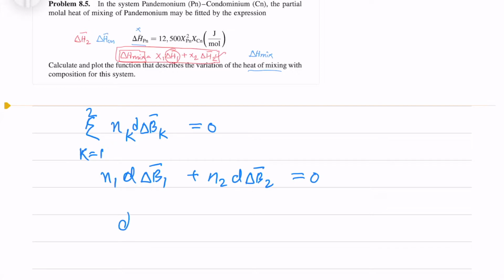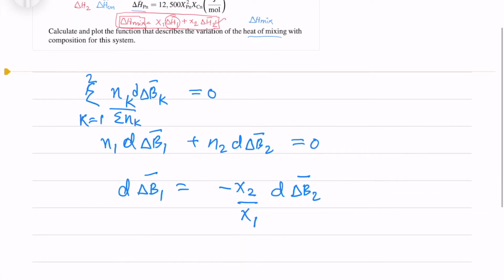That means d b1 is nothing but, dividing by the summation of nk, this becomes the mole fraction: minus the mole fraction of 2 by the mole fraction of 1 into d of the partial molar property of 2.